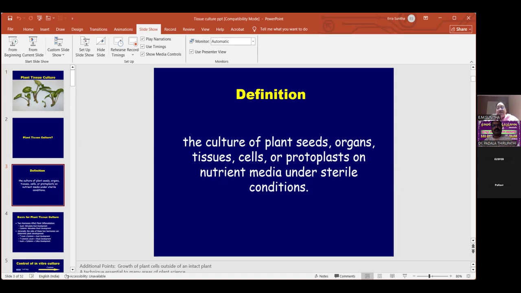So the scientists who have worked on tissue culture have given the definition that you can culture the plant from seeds or from organs or from tissues or from cells or even from the protoplast, in nutrient media under sterile conditions. So that's the definition of tissue culture.